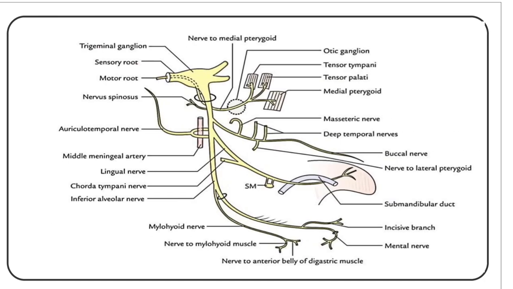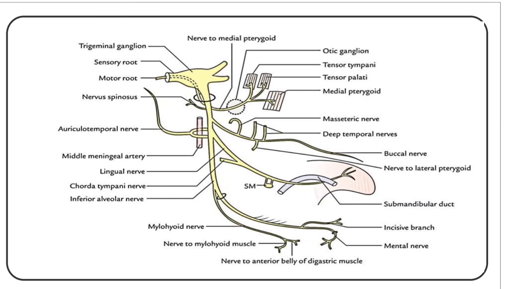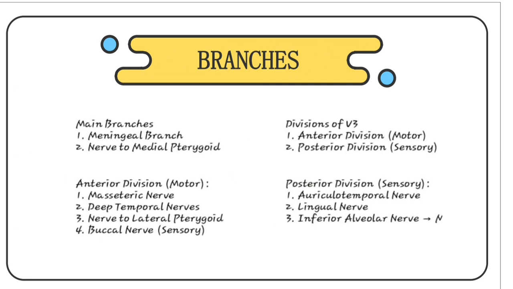Overall, you can see the branches here: this is the branch from the main trunk, that is the main branches, this is the anterior division, and these 3 are the posterior division of the mandibular nerve. First we will discuss the main branches, that is the meningeal branch and the nerve to medial pterygoid.